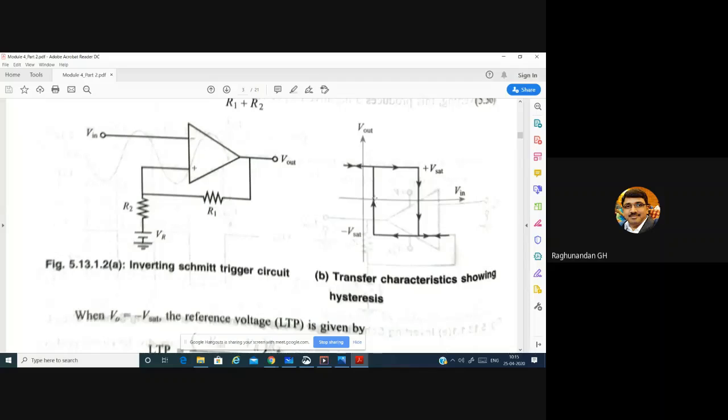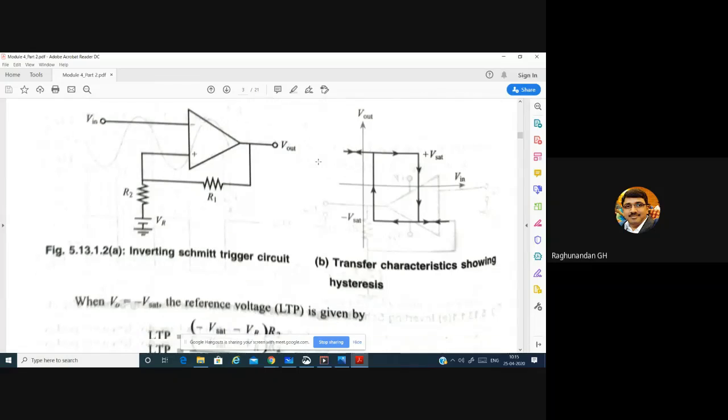Whenever the input becomes lesser than the LTP value, your output goes back to the positive saturation. This keeps on continuing, and this is known as hysteresis. It looks like the hysteresis curve which you have studied in electrical subjects. In the same way, we are having hysteresis here.